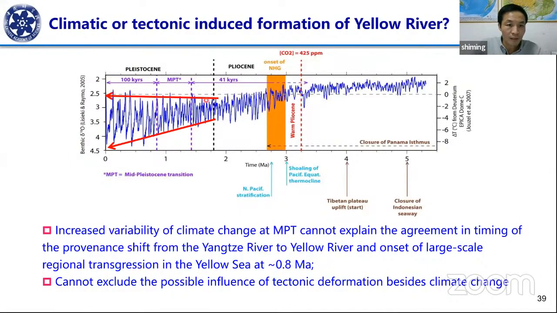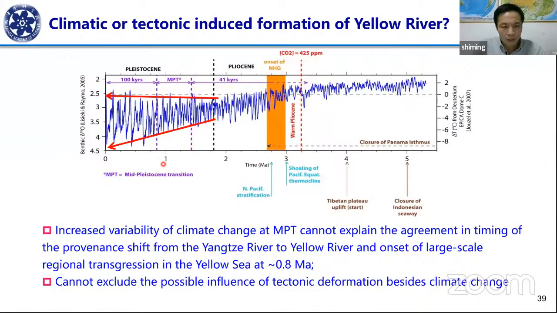Since that time, the climate variability increased, then global erosion may have increased, and this induced the Yellow River birth. This is the explanation.